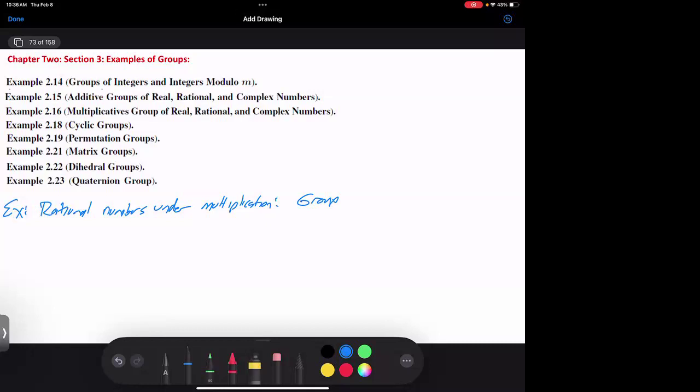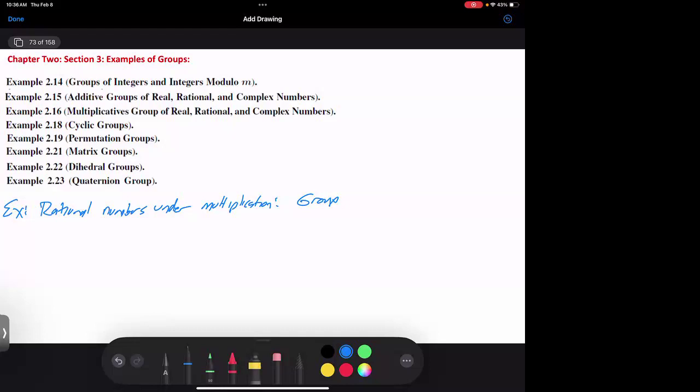Because it inherits it because they're real numbers. Do we have an identity element? Yeah. The identity element is 1. And so if I give you a rational like 3/5, does it have an inverse? And the inverse would be 5/3. So are the rational numbers under multiplication a group?